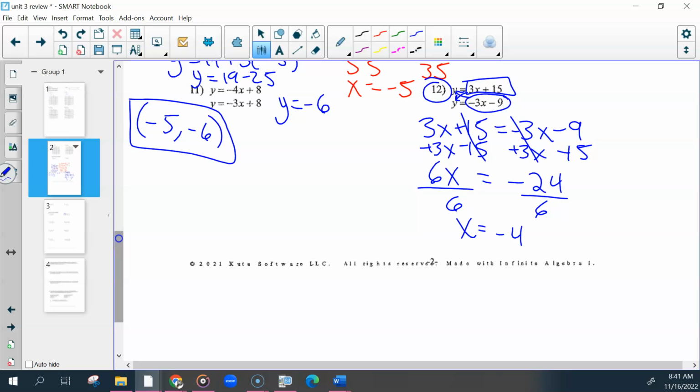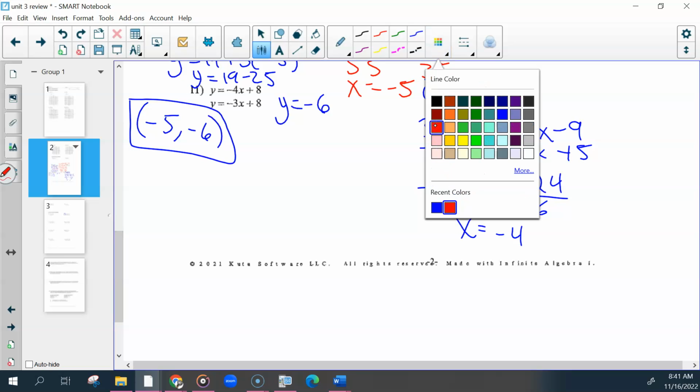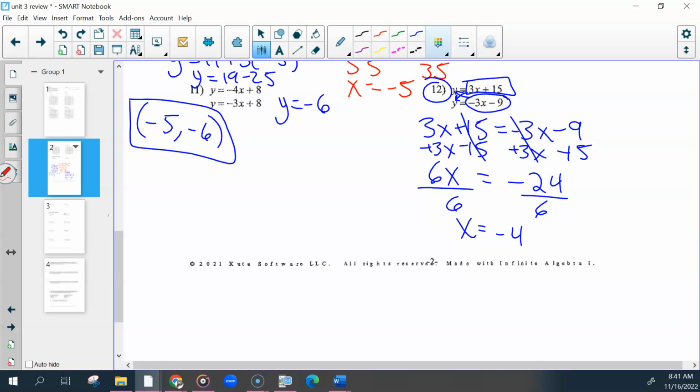And once you have your x, you can put it back into either equation for y. Doesn't matter which one. So let's say I do the first one. I would be putting that in for x and then solving.